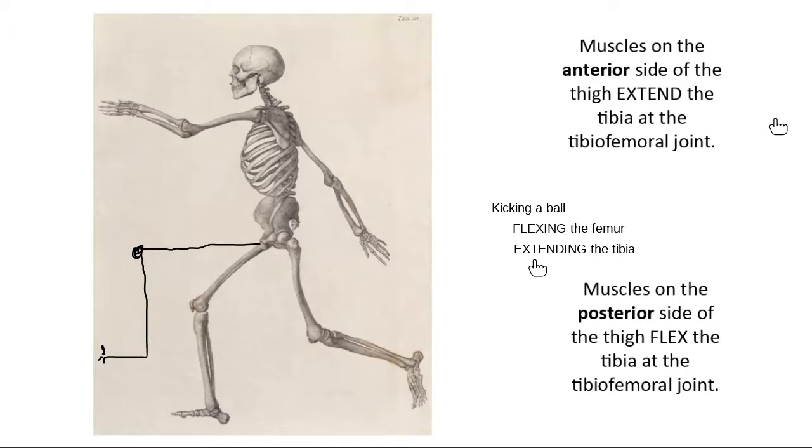If that helps you to remember that there's opposites, that's where I'm going big picture with all of this: the action I do on the femur is the opposite of the action I do on the tibia. All my friends who live on the front side of the thigh make the tibia extend, but they make the femur flex. All my friends who live on the back side of the thigh flex the tibia, but they extend the femur.